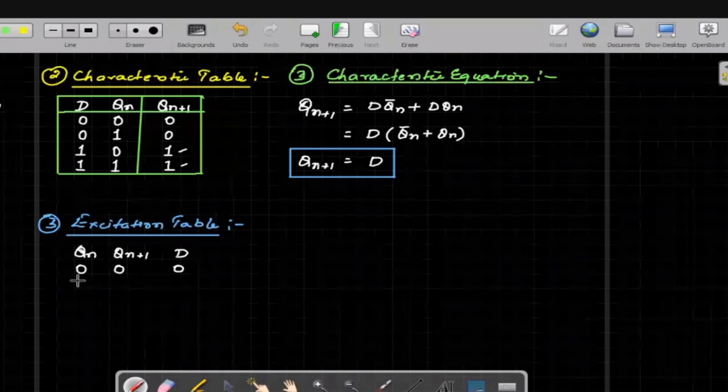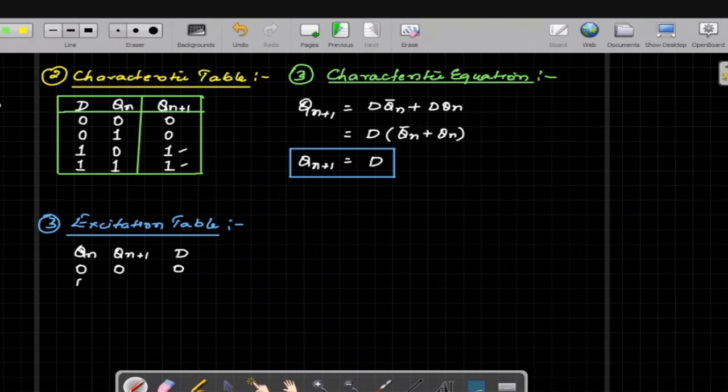I will apply 0. And if my past output is 0 and I want to make the present state 1, what input will I apply at D? 1. Very good. Excellent. And if previous output is 1 and I want to make the present 0, then 0. Very good.